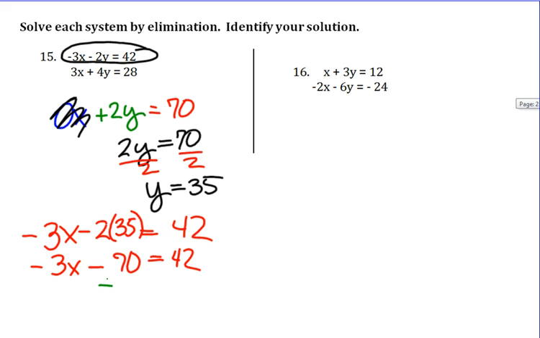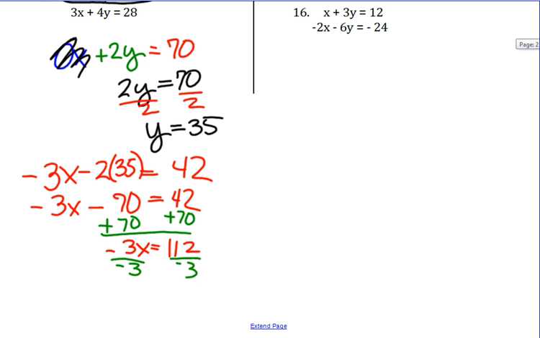Well, I'm going to add 70 to both sides. Let's see if we can solve this. Adding 70 to both sides, I get that negative 3x equals 112. Now I'm going to divide both sides by a negative 3. I need a little bit more space, don't I, here? Let's see if I can get, there we go. All right.